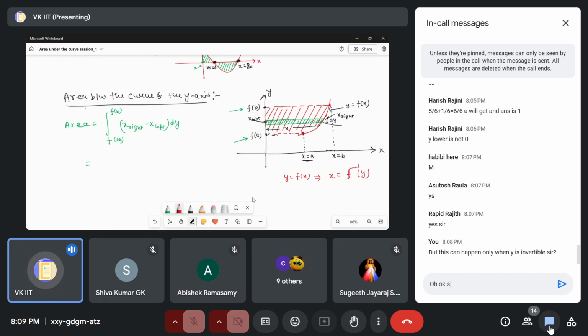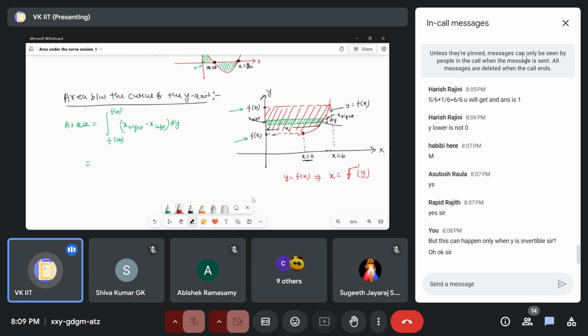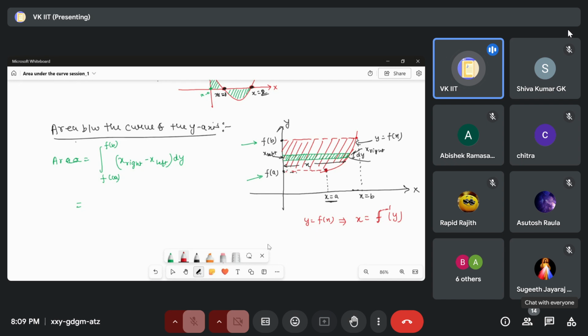Because they were bijective already, that's why they have been said to be functions. So don't worry, they will never give you a function which is not invertible. Somehow it will be.